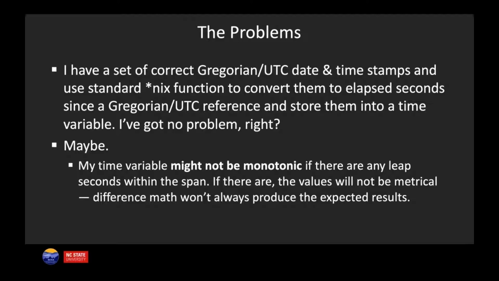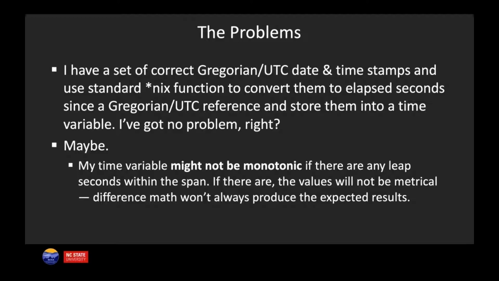And the answer is maybe, because your time variable is beautiful, but if someone then takes standard Linux, Unix, Windows functions to turn your time variable into timestamps, you could be introducing all kinds of errors. And again, if you don't care about something up to 37 seconds, or around a second or two, depending on the situation, don't worry about it. But if that matters to you, you have a problem.